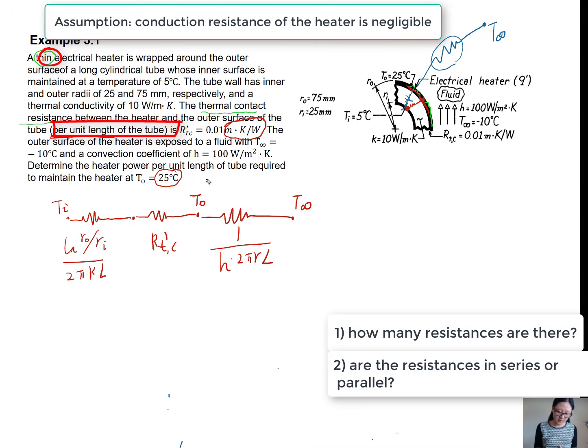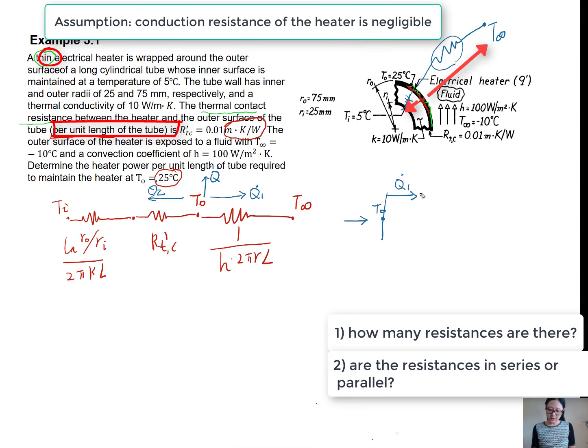So we have Q out of this heater. And this heat is divided into 2 parts. One part goes outside, going through this convection resistance. The other part goes inside, going through these 2 resistances. To help you understand this thermal circuit, now I'll draw it in another way which you might be more familiar with. The heater is at temperature T0. All the heat out of this heater is divided into 2 parts.